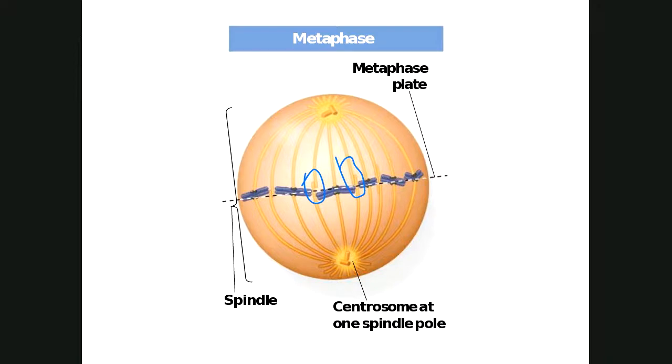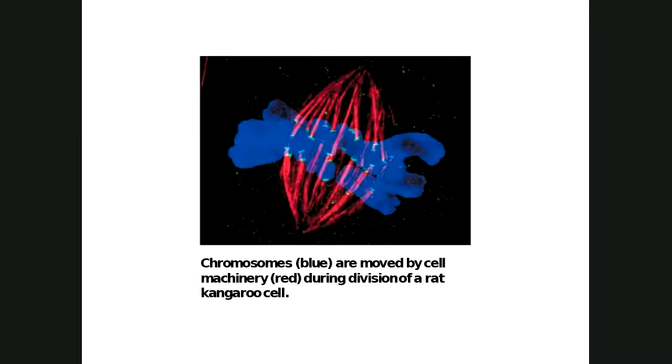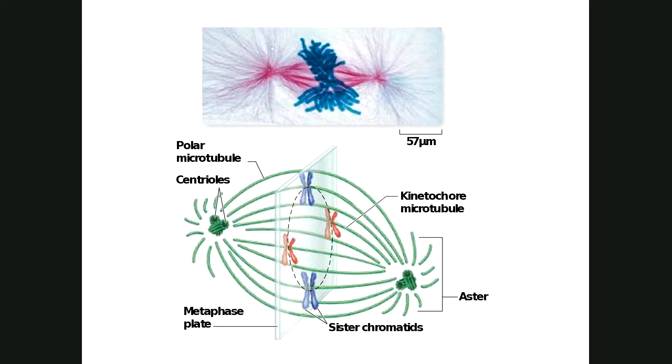Here's a cool picture of it, actually, again, with the fluorescence. Isn't that neat? These are rat kangaroo chromosomes. The blue's the chromosomes, and the red are the spindle fibers, or the microtubules I was talking about. I just love this stuff, these great pictures. Here's another one, actually. Look up above.